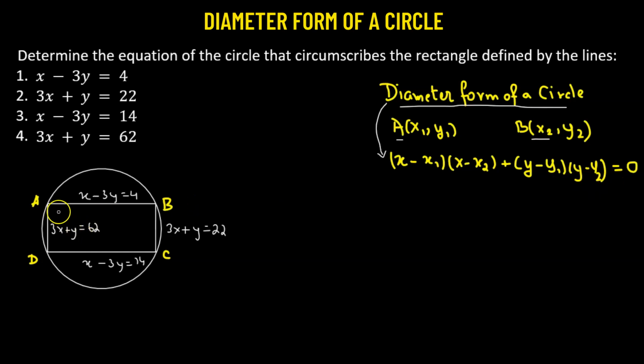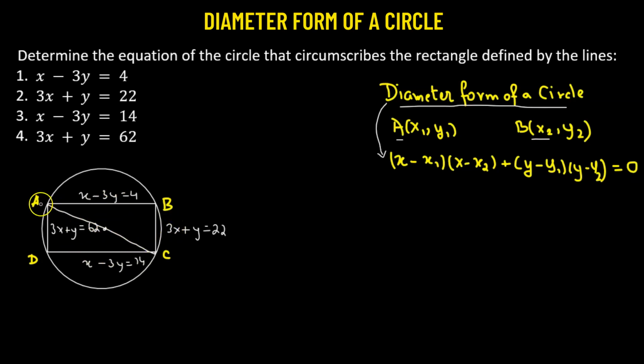So our goal will be to find the coordinates of all 4 vertices of the rectangle. Once we have the vertices, we can join A and C, and this becomes the diagonal. The diagonal of the rectangle is also the diameter of the circle, and using the endpoints we can find the equation of our circle.